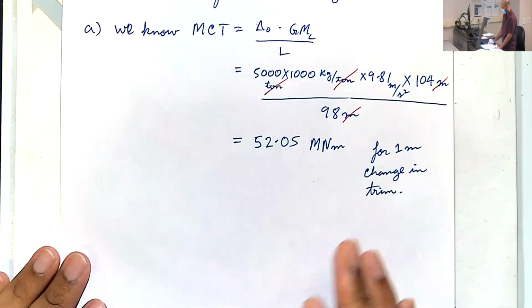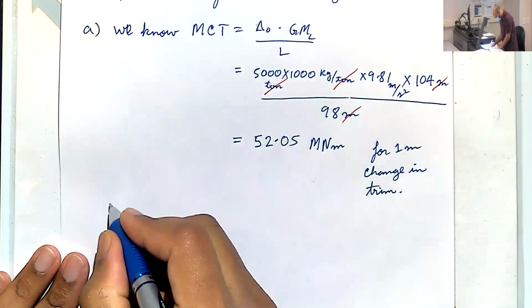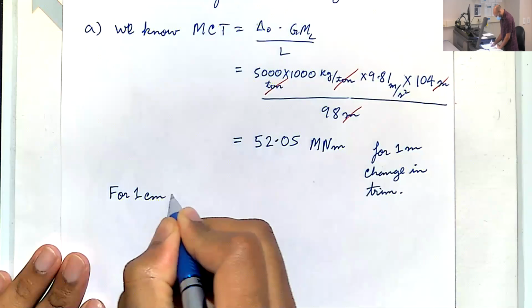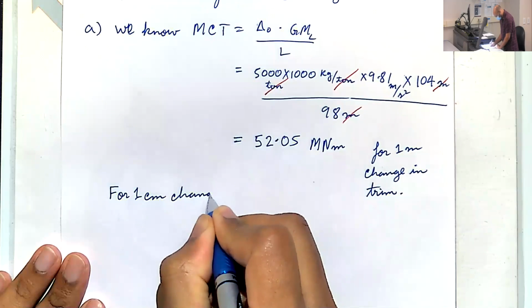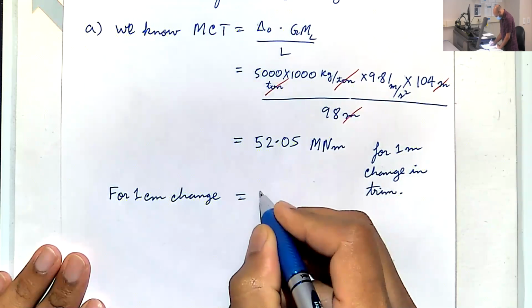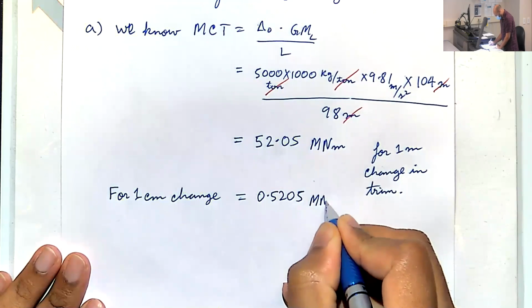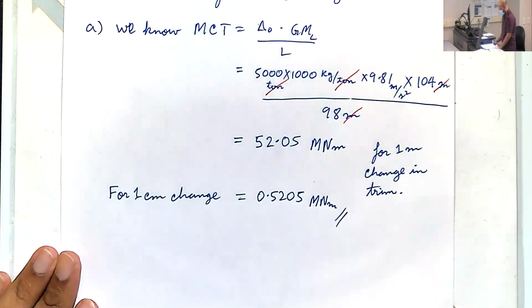Okay, so if we know for 1 meter, we know for 1 centimeter. 0.5205 mega Newton meter. That's our value.